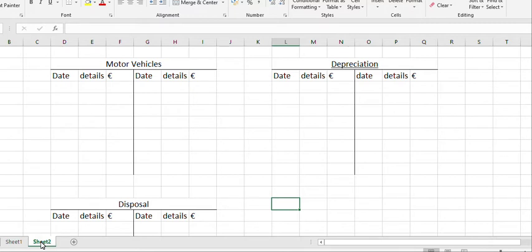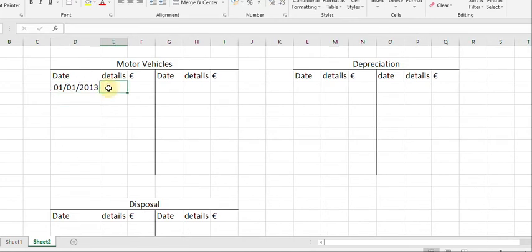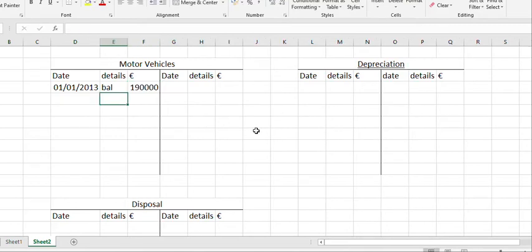So first thing I'm going to do is the opening balances. The opening balance of motor vehicles is on the 1st of the 1st, 2013. The details: opening balance, and that's coming from the calculations, 190,000. The opening balance for depreciation, again on the 1st of the 1st, 13.